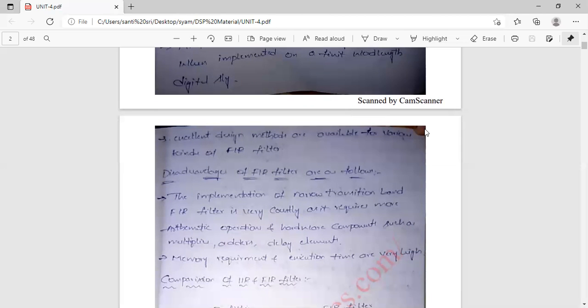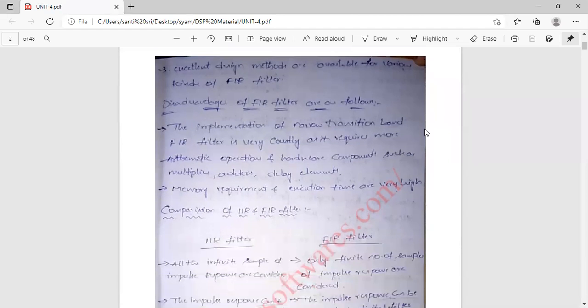Memory requirement and evaluation time are very high. So these are the disadvantages of FIR filters when compared to IIR filters.